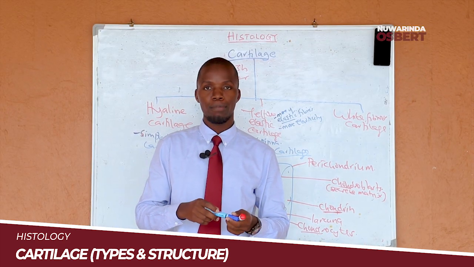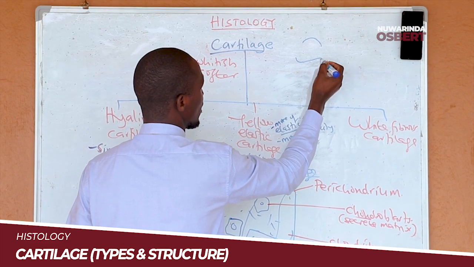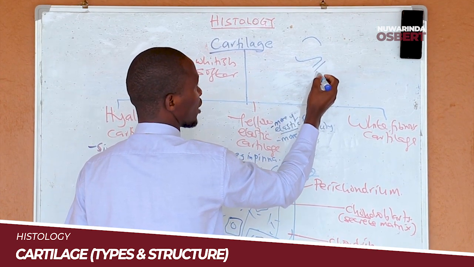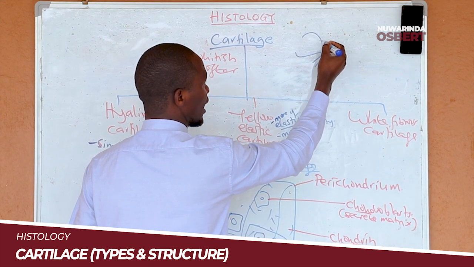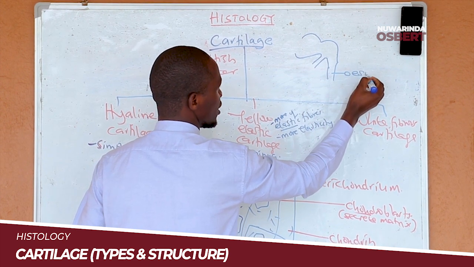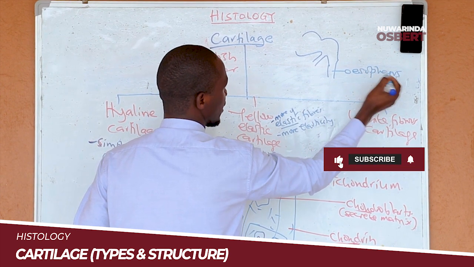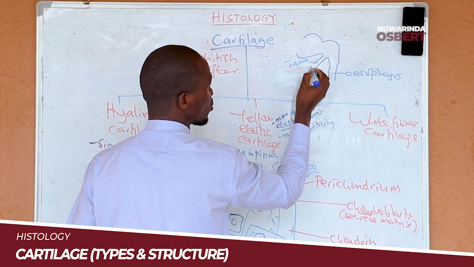Another place where you can find this kind of cartilage is, for example, the epiglottis. The epiglottis is a small part. For example, if this is the mouth, there is a part which goes to the trachea, to the lungs, and then there is another part which goes to the esophagus. This is the esophagus. Then here this is the trachea, going to the lungs.